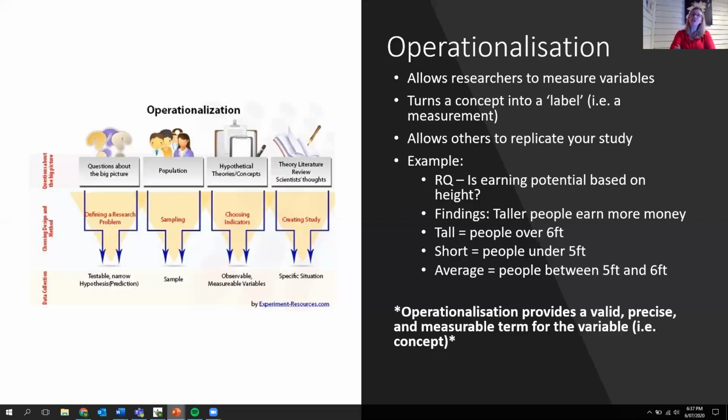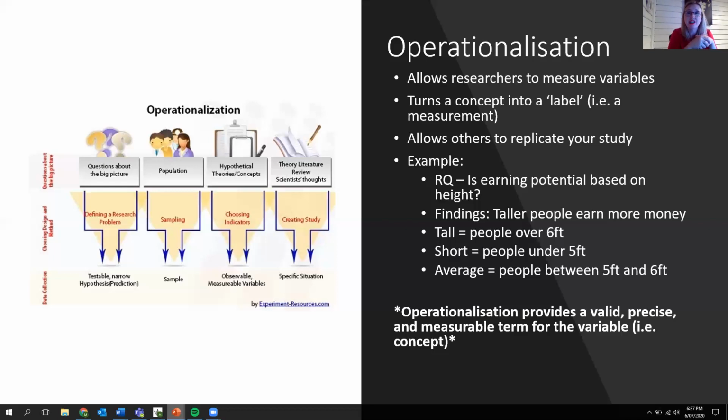Aha, I'm interested in measuring how much a person can earn over their lifetime. And is height a predictor for that? So this situation would mean in my equation, my independent variable would be height. And I say that will affect my dependent variable, which would be earning potential. Now, what I mean by height is how tall a person is.